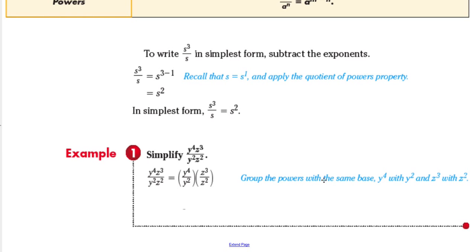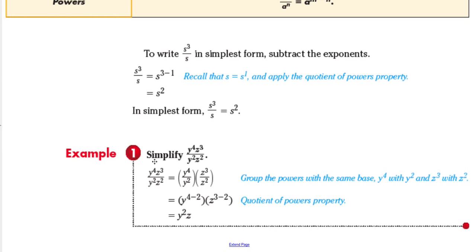Group the powers with the same base: y to the 4th and y squared, and z cubed with z squared. We simply follow the quotient of powers property where we subtract the exponents. So this becomes y to the 4 minus 2 and z to the 3 minus 2, and you end up with y squared times z to the 1st, or simply z.